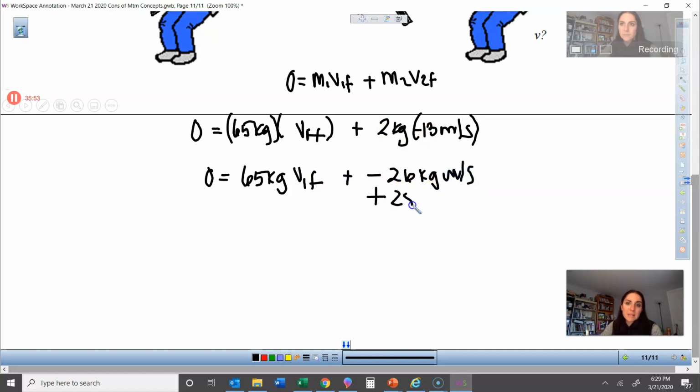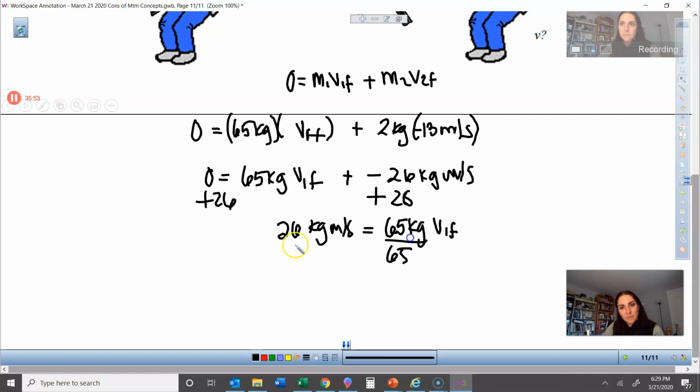I have to add this to the other side, which is good because it should be moving forward. So 26 kilograms meters per second is equal to 65 kilograms times v1f. I have to divide both sides by 65.